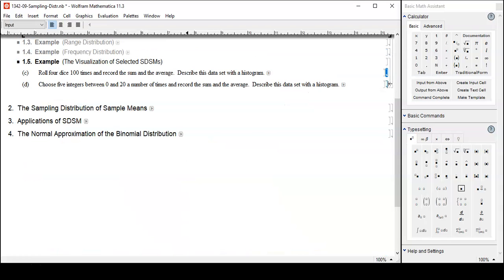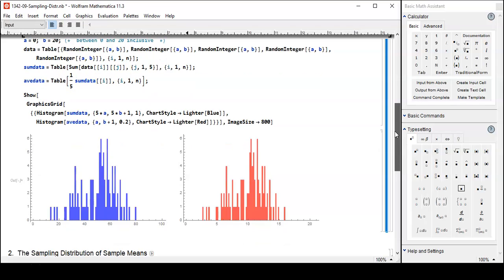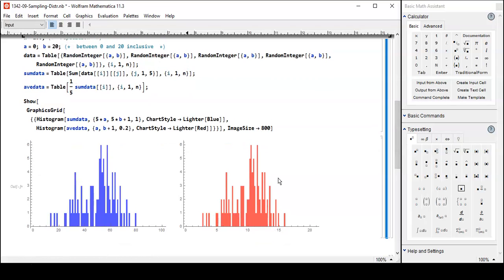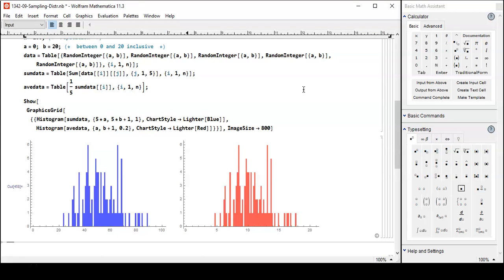Here's another example and another visualization. Choose 5 integers from 0 to 20 a number of times and record the sum and the average. This is the sum, that's the average. And let's see, 5 numbers, if they're all 0, that's the minimum. If they're all 20, then that's got to be 100, the maximum. And we have a distribution like that. And then for this one, dividing by 5, we have from 0 to 20. Now run it again.